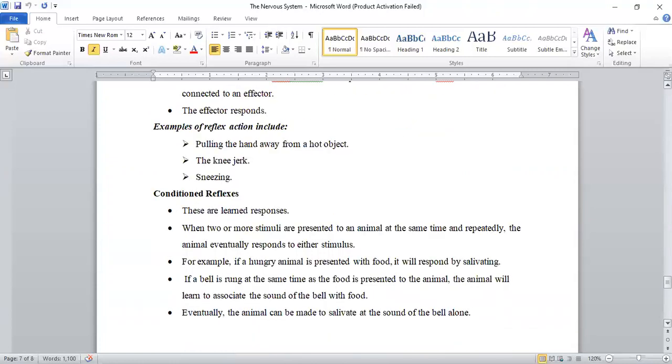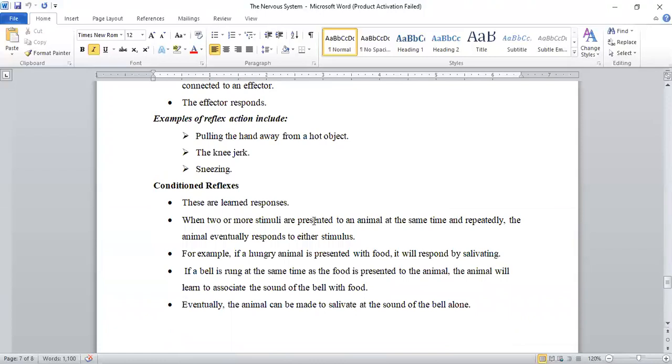The conditioned reflex is something that is acquired after conditioning. It is something that is done repeatedly, and mostly this occurs in animals. So once animals sense something they are used to, for example, they know the time that a person is feeding them, they are able to remember, and they start showing that that time they're supposed to be doing something.